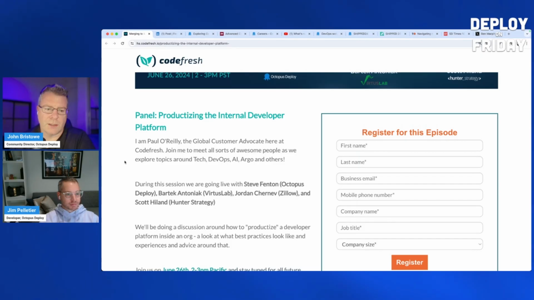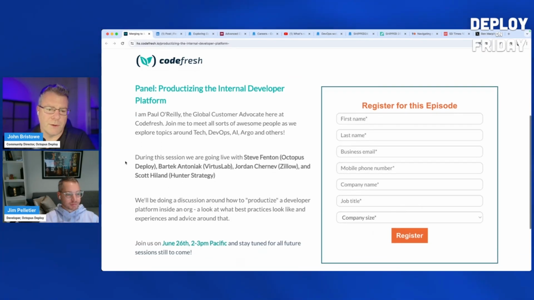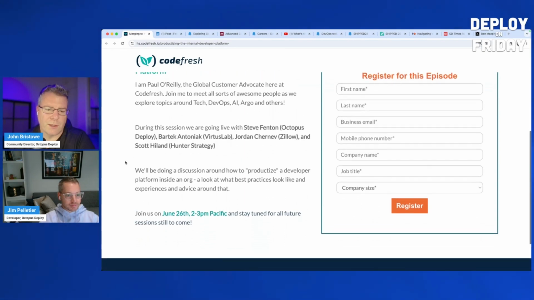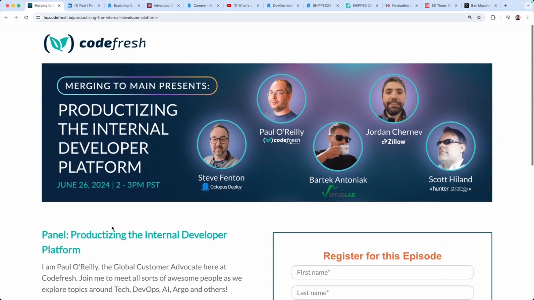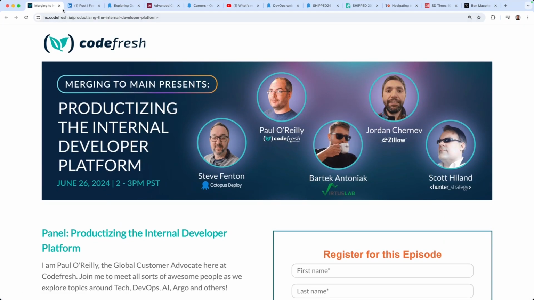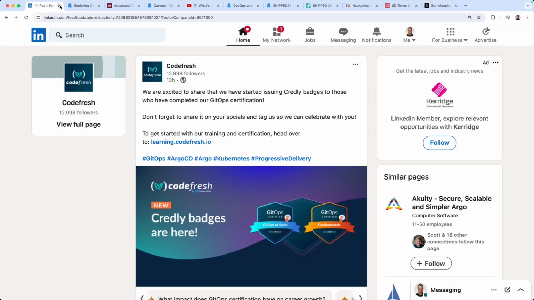So internal developer platforms are basically this infrastructure that you'll provide your development team to get up and running quickly, standing up infrastructure, standing up construction of components, documenting all that stuff, all important things. And so Paul will be talking to these folks and others during this. This is on June 26th from 2 to 3 p.m. Pacific. So if you have time, feel free to register. Check it out there, Merging into Main.